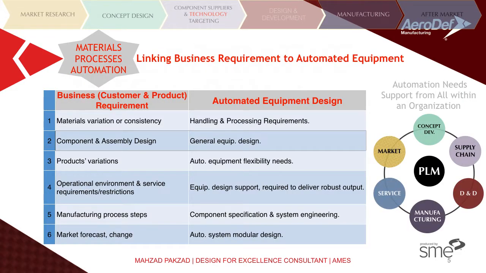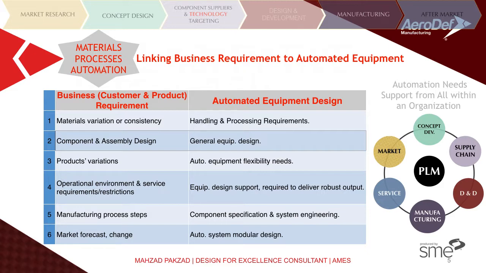Linking business requirements to automated equipment. It's very important to link business requirements to automated equipment. That way we can justify why we need to be investing so much in the automated equipment. Business, customer, and product requirements are in one column, and then automated equipment design features are in the other column.